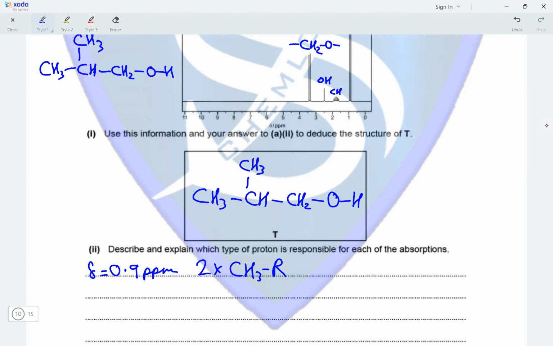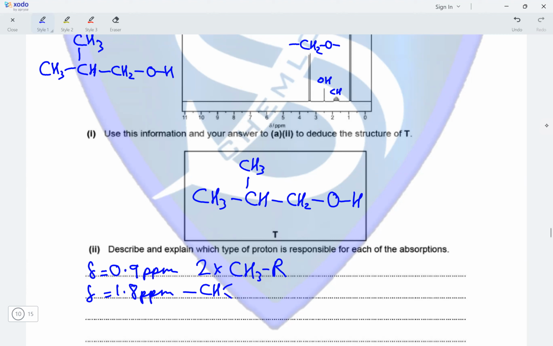Then the absorption at 1.8 ppm is due to a CH group present between alkyl groups. So that is the peak for the CH group, the multiplet.